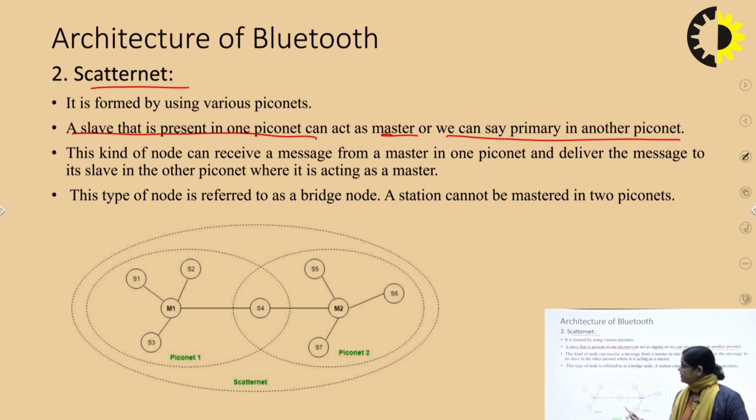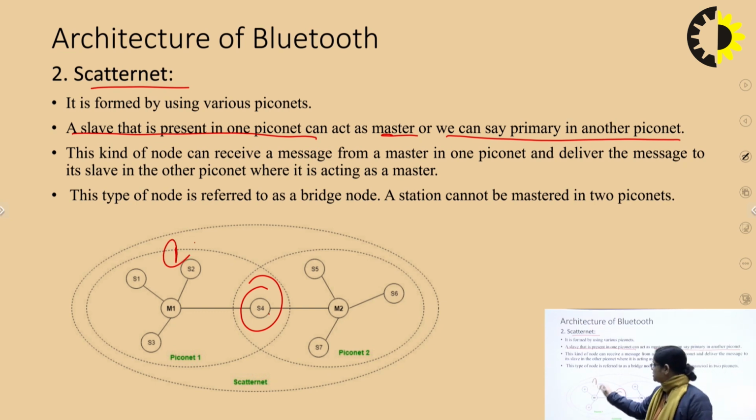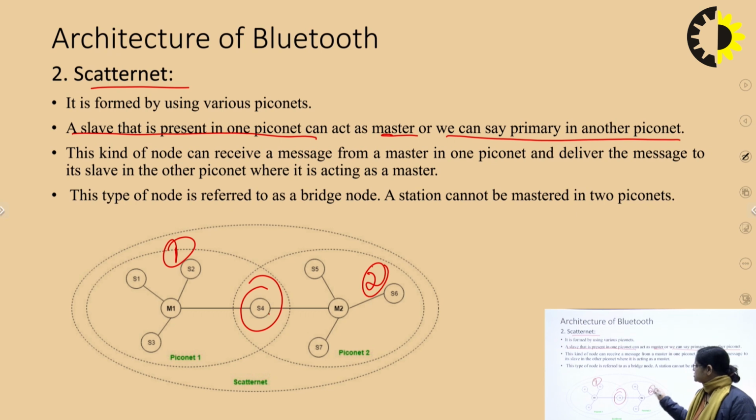But when we study the scatternet, these slaves can act as a master for another piconet. When we combine this, you see that this S4 is a slave, and it is acting as a master for these two networks. This one is the first network and this is the second network.